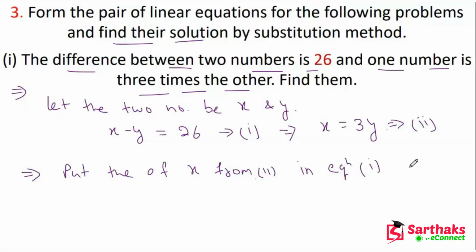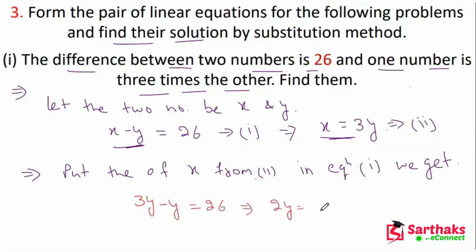If we put the value of this in equation first, then we get 3y minus y is equal to 26, and 2y is equal to 26, and we have the value of y is 13.